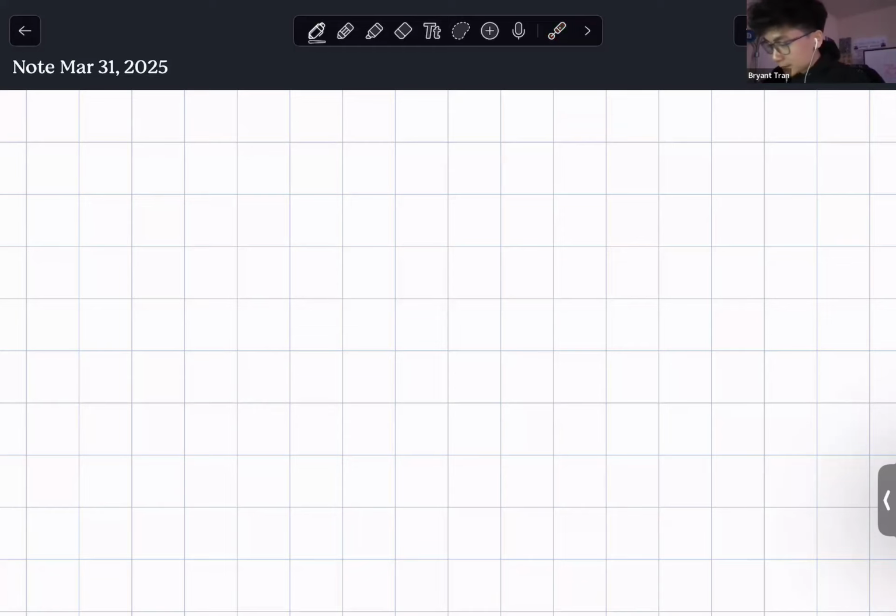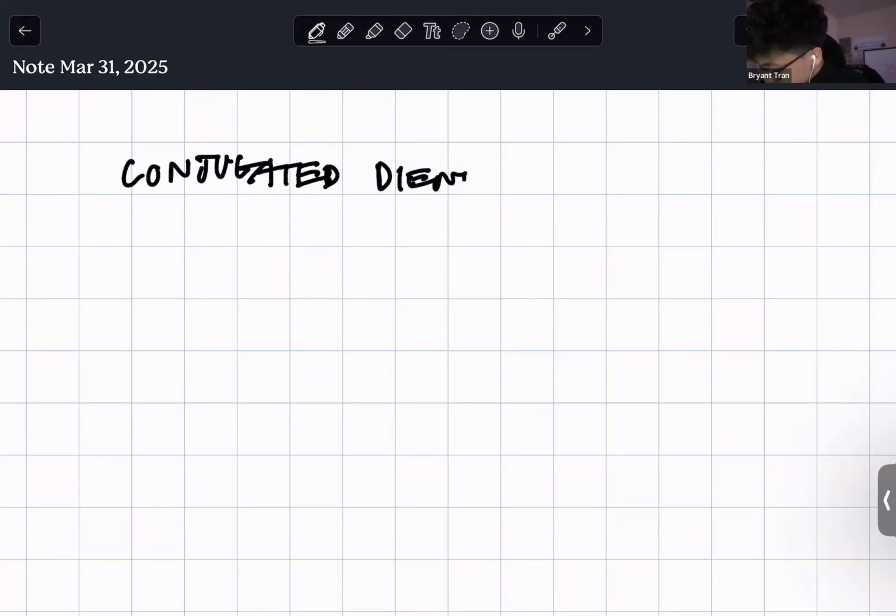Okay, so a conjugated diene is when we have two alkenes that are conjugated with each other. A simple example would be something like this, where we have these two alkenes that can do resonance with each other.